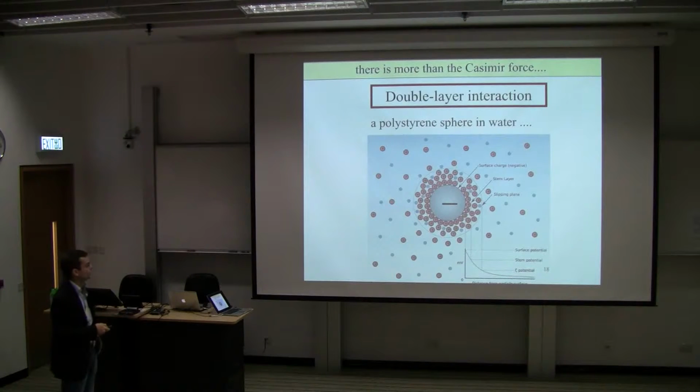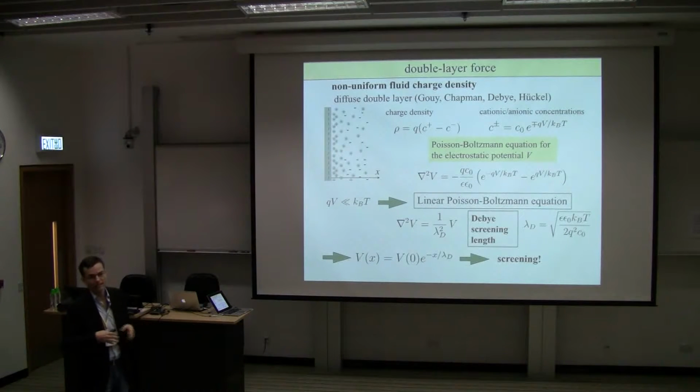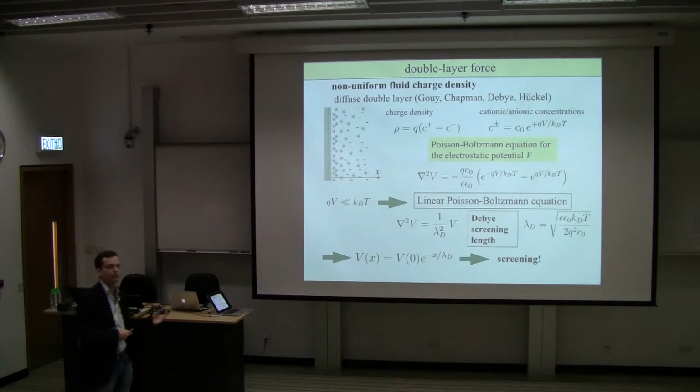We can model this by writing the Poisson equation and taking for the charge density this value here, written in terms of these Boltzmann factors, right? These ions are going to be placed according to these Boltzmann factors, and if this electrostatic energy is much smaller than k_B T, then I can linearize these Boltzmann factors, and I get what people call the linear Poisson-Boltzmann equation, which is like the Helmholtz equation with an imaginary frequency.